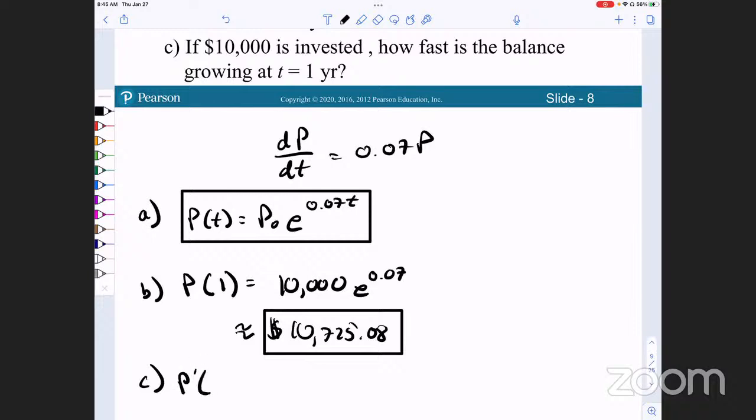It's going to be P prime of 1, right? That'll be 0.07 times that 10,000, that result we just got, 10,725.08.